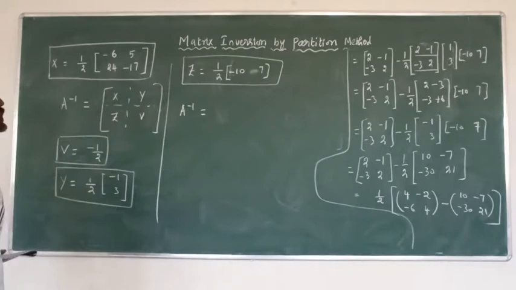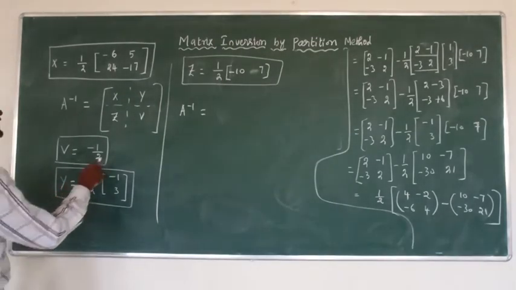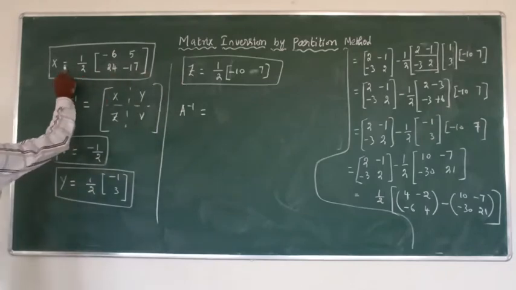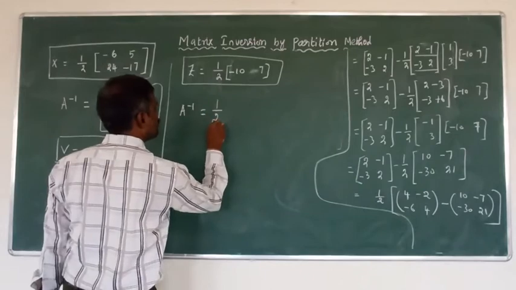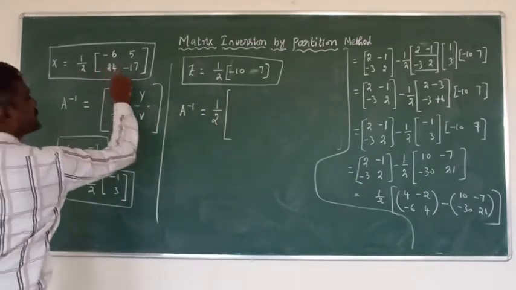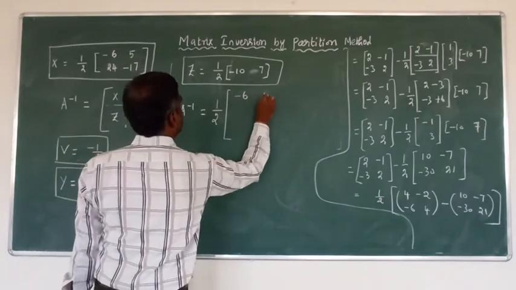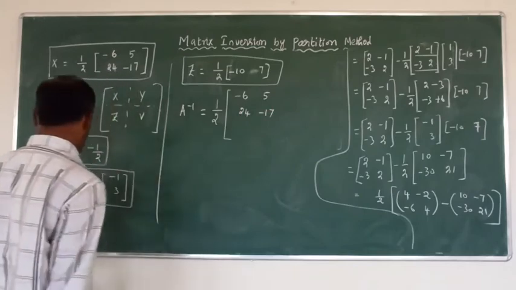Now to substitute the value here, v, y, z and x, all the common value 1 by 2. So we can take the common 1 by 2 within bracket. X value minus 6, 5, 24 minus 17.